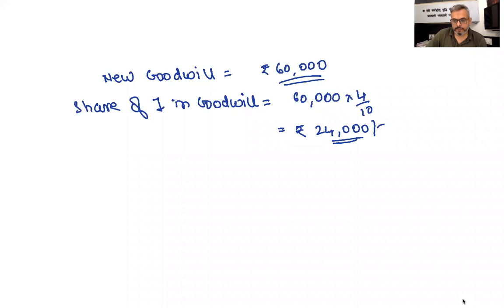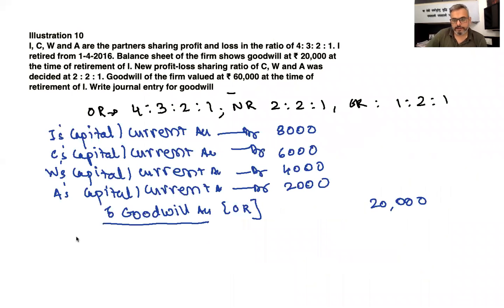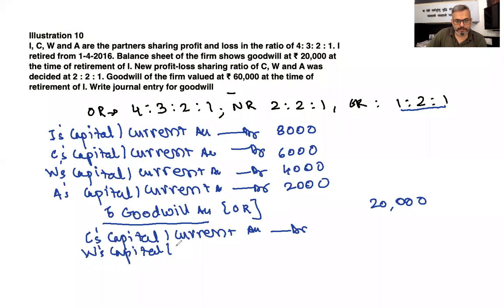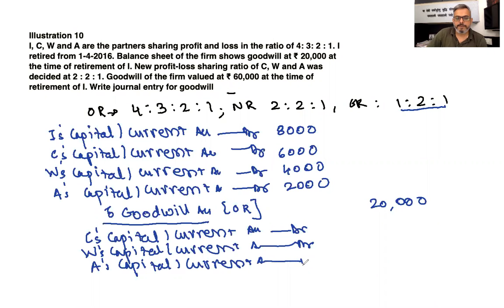Now हम क्रेडिट कर देंगे आई को, डेबिट करेंगे. एज यू नो गेन रेशियो इज ऑल 1:2:1. सो C's कैपिटल और करंट अकाउंट will be debited, W's capital or current account will be debited, A's capital or current account will be debited, and we credit I's capital or current account.